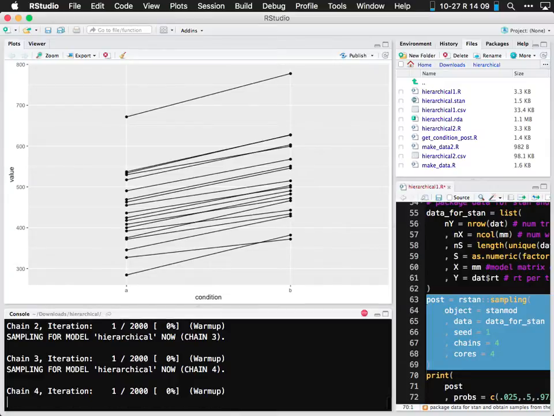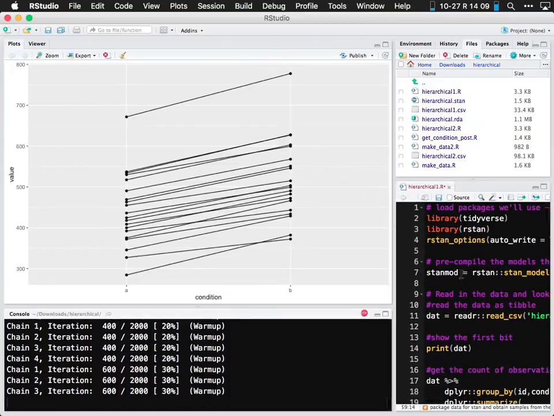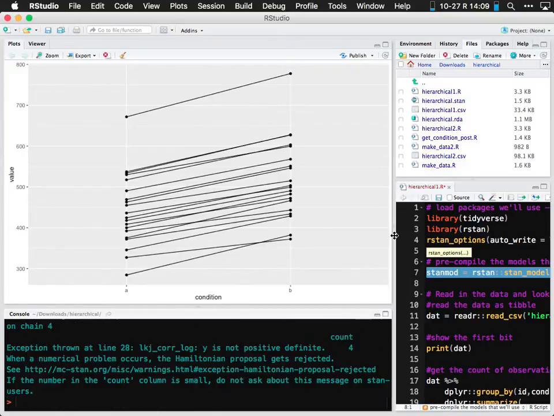Where do we find stan mod? Because it says object equals stan mod, but it says stan mod not found. So at the very top, I had you on line 7 compile. So maybe that didn't. Mine gave me an error saying error in module, must start equals true, failed to initialize module pointer, error. Whoa.